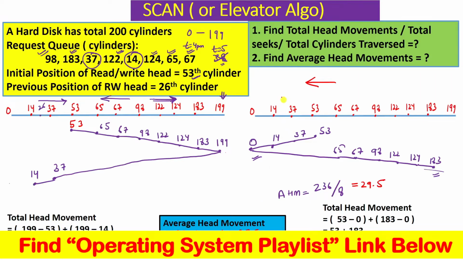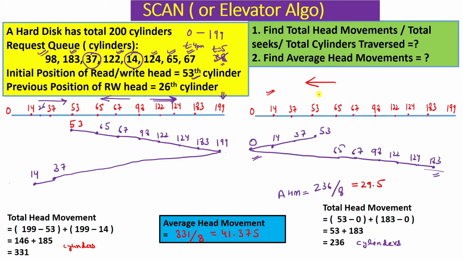And this was the example that we discussed for when we change the direction, that is, if in the question we are given the direction as moving from higher cylinder numbers to lower cylinder numbers, then how the head movement will change. We saw we are moving from 53 towards the 0th cylinder. We first went in this direction, then we reversed our direction and scanned all these requests, right?